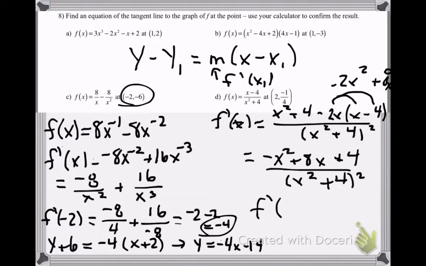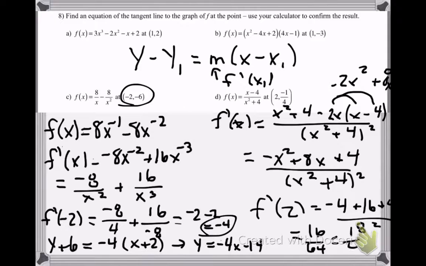So we'll say that f prime of 2 is going to be, okay, 2 squared is 4, but I put a negative sign in front of it. 8 times 2 is 16 plus 4, all over 8 squared. So then I get 16 over 64, which I can reduce to be 1/4. I could take a 16 out of both of those.